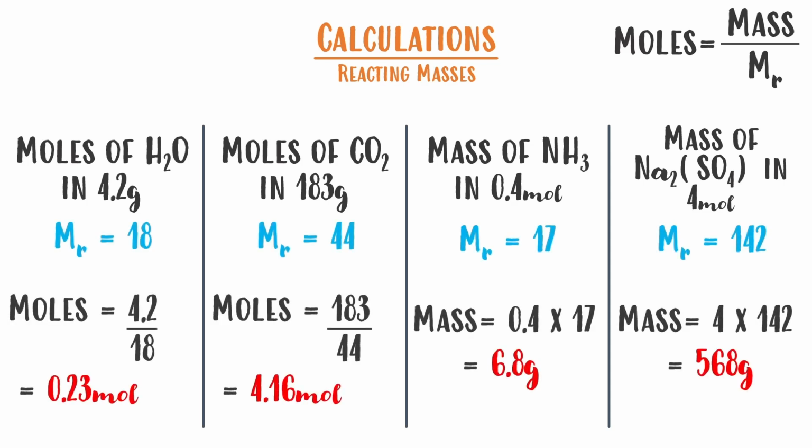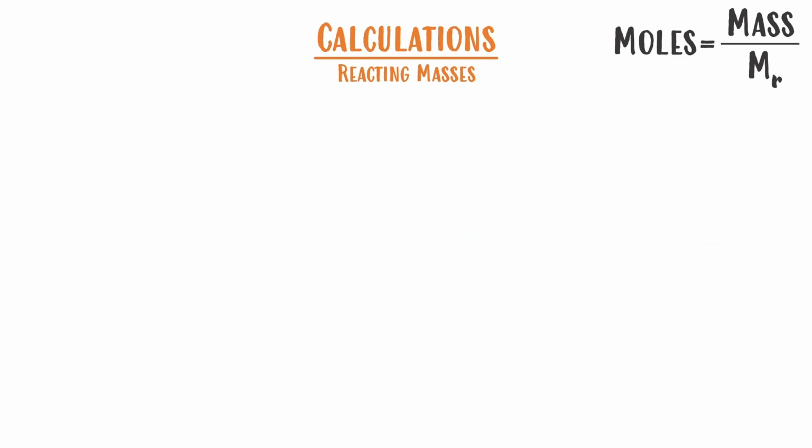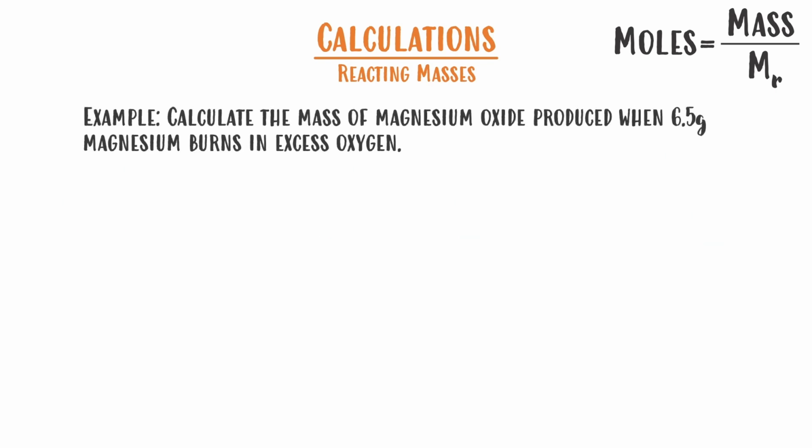Right, now that we've had a recap on calculating moles, here's an example on reacting masses. Calculate the mass of magnesium oxide produced when 6.5 grams of magnesium burns in excess oxygen. Now, you are sometimes required to write a balanced formula, but for the purpose of this tutorial video, I will provide them.